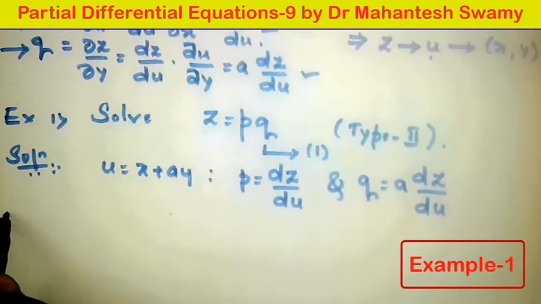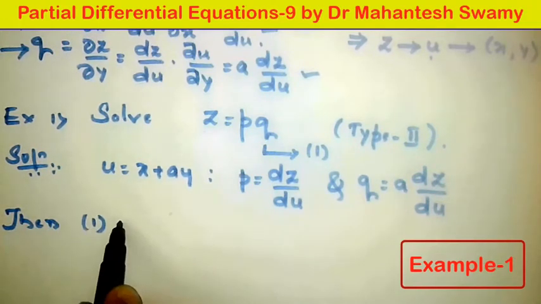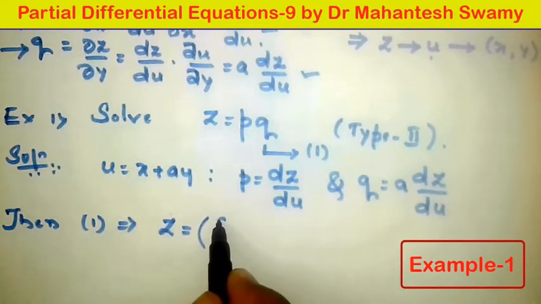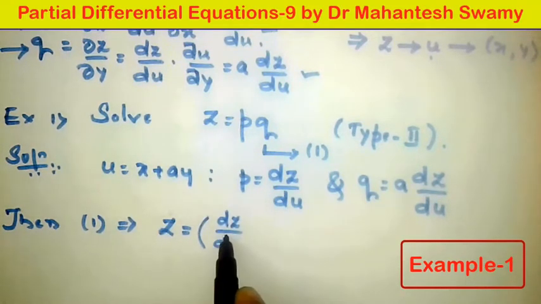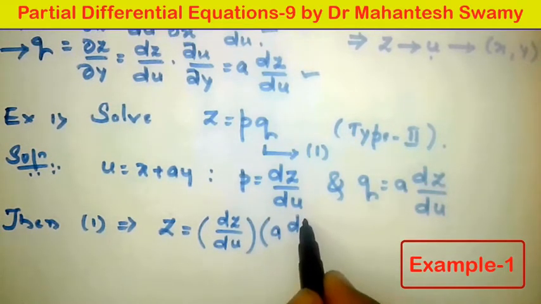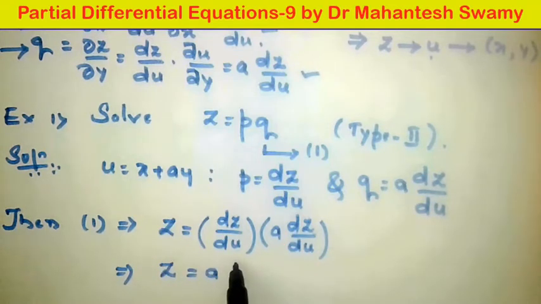Then equation number 1, the given differential equation z equals p times q, with p as dz by du and q as a into dz by du, after simplification takes the form a into (dz by du) whole square.